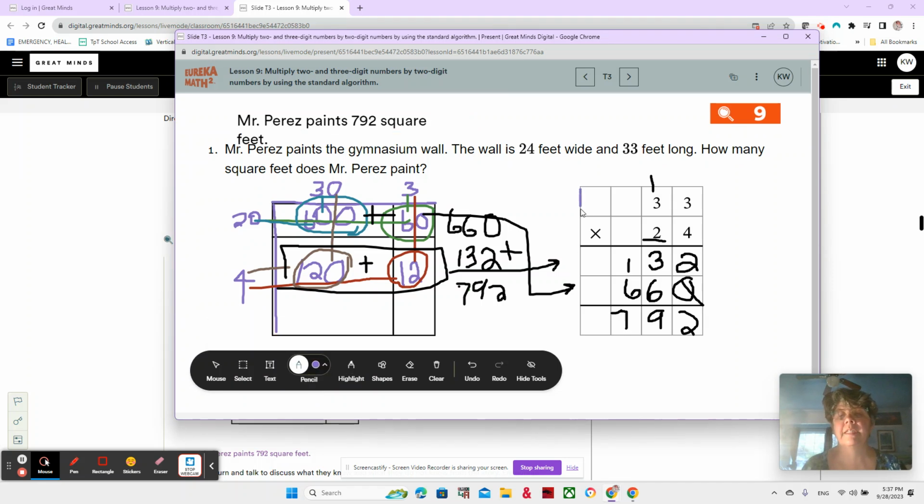A square foot is like this square right here, and it's 1 foot on every side. We use that whenever we're talking about the size of a room, a building, carpet, or tiles on a floor. It's in square feet. So 24 times 33 is 792 square feet.